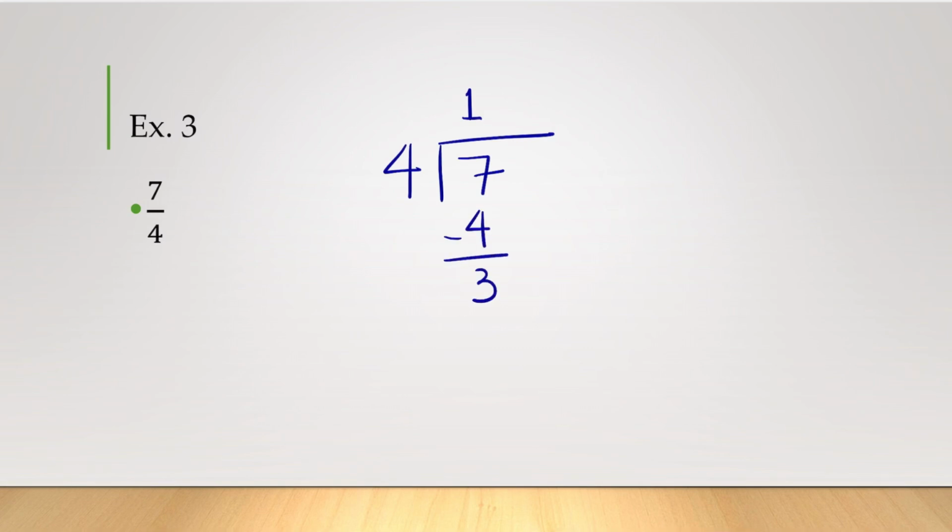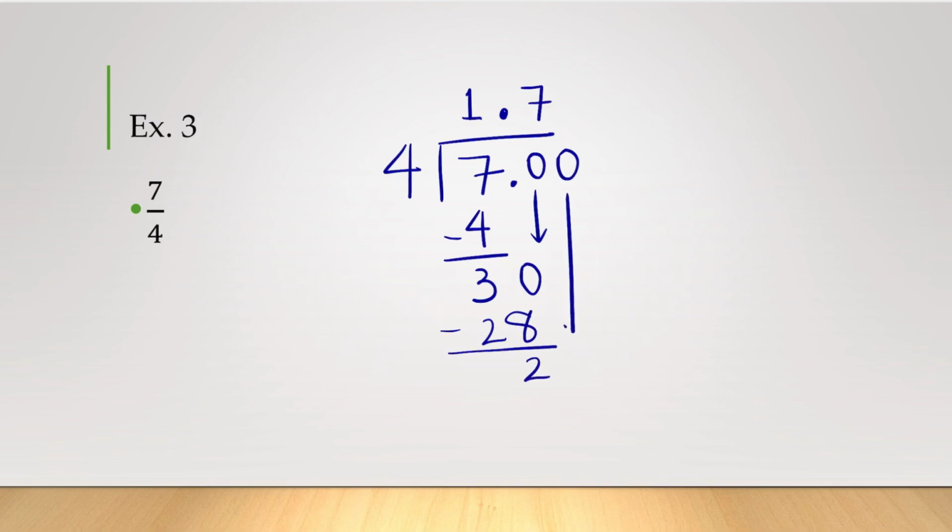I have 3. 4 no longer goes into 3. So then I would have to bring down a 0 and start my decimal because I'm out of numbers. So 4 goes into 30 7 times. That's 28, remainder of 2. And then I do it again until I don't have any more remainder, or until I can see a clear pattern of repetition.